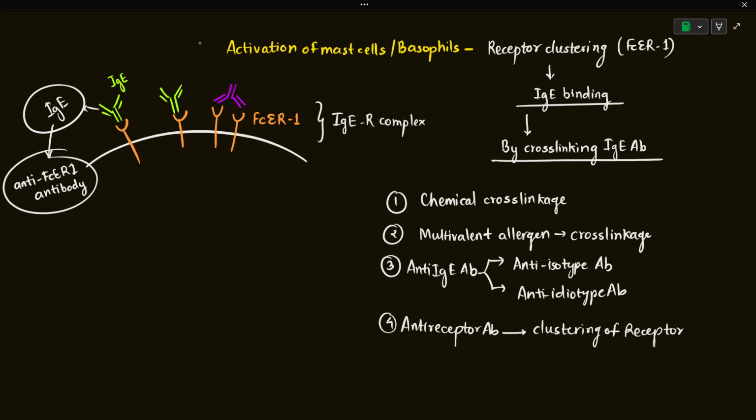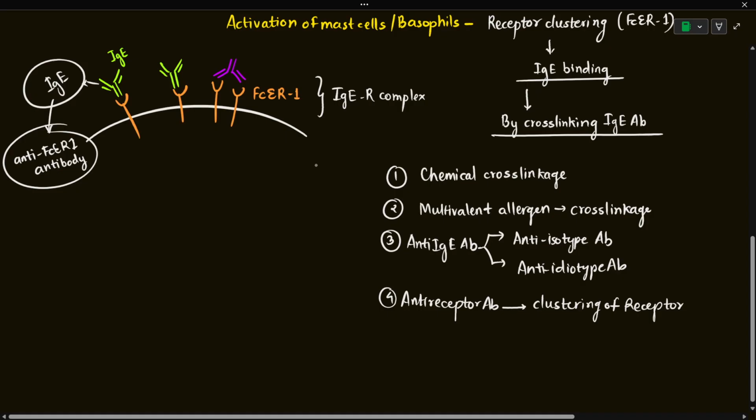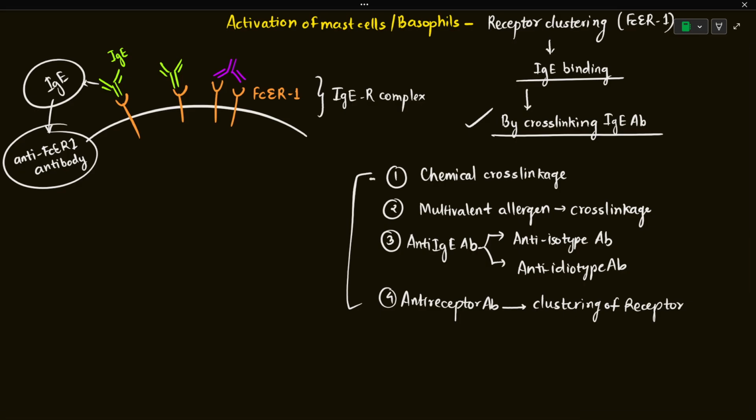There could be some other antibody whose two arms can bind to two receptors, and that can result in clustering of the receptors, resulting in the activation of the mast cell. So these are the different mechanisms which will ensure the cross-linking of IgE antibody, and this is the other way of clustering the receptors.